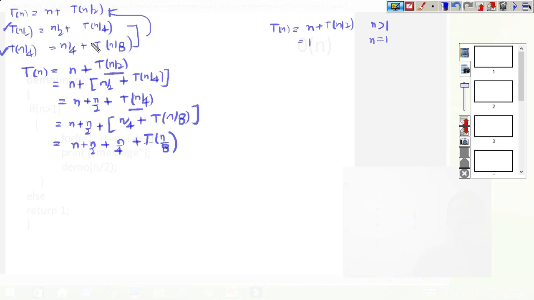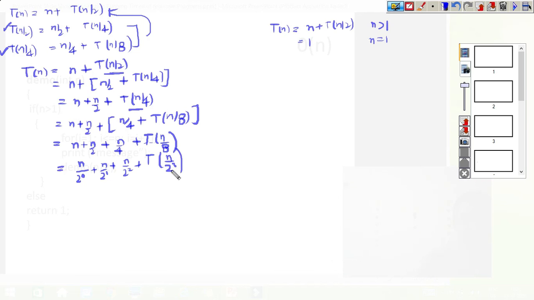So here we can see that when we have T, this is n/2. Okay, and then when we moved here, this is n/2 plus T(n/4). Fine. That means I can also write, let me write like this, n/2^0, n/2^1, n/2^2, and T(n/2^3).